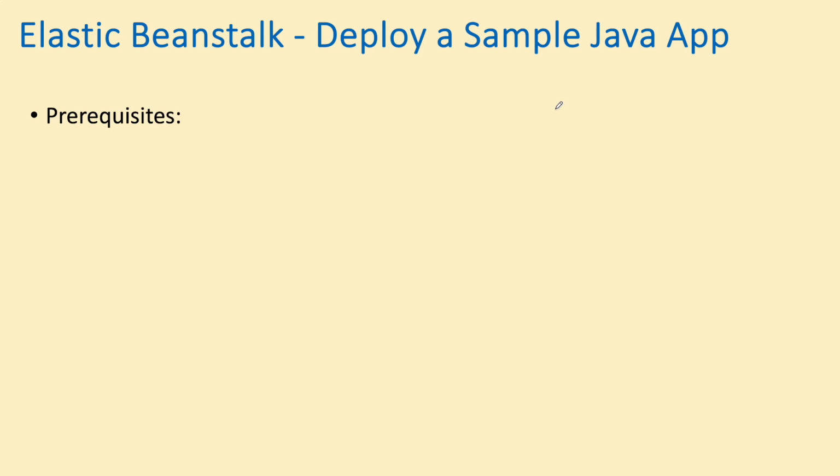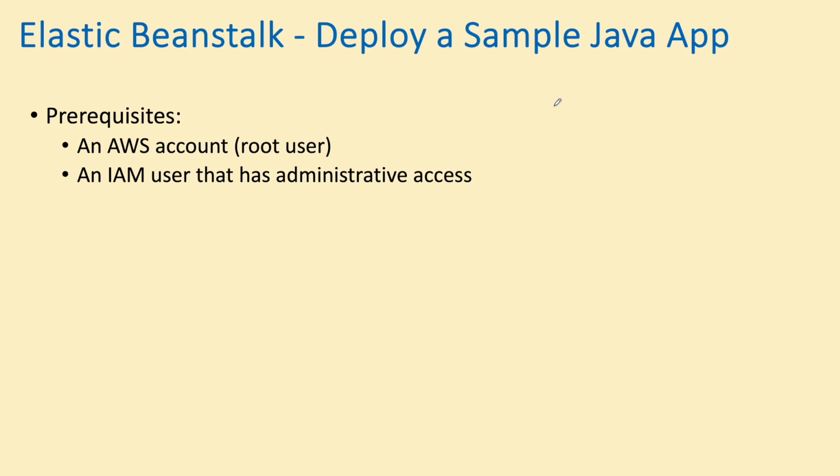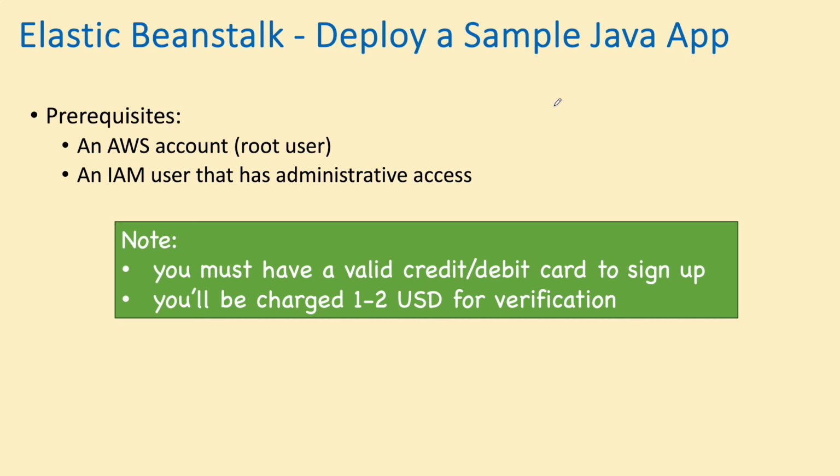Before following this video, I suppose that you meet the following prerequisites. You have an AWS account, which is the root user. You have an IAM user that has administrative access. And note that you must have a valid credit or debit card to sign up, and you will be charged 1 or 2 USD for account verification.